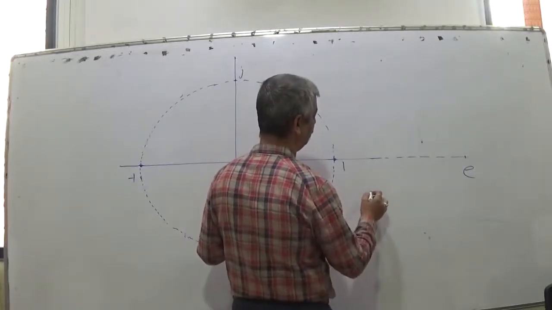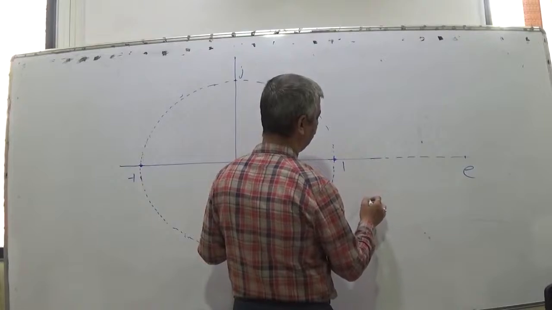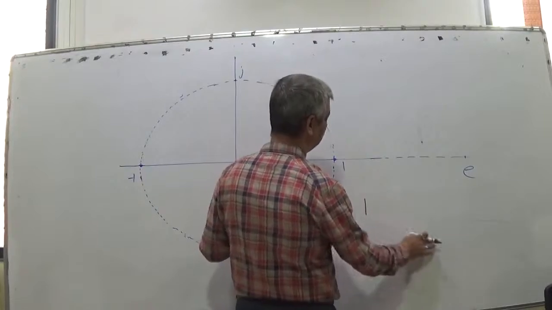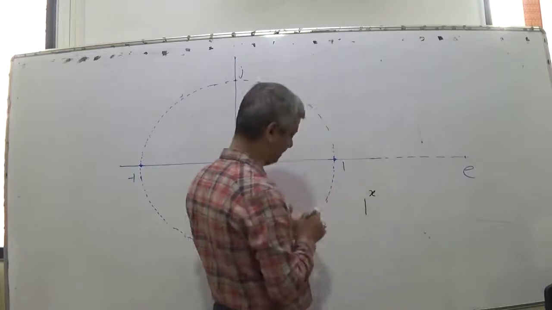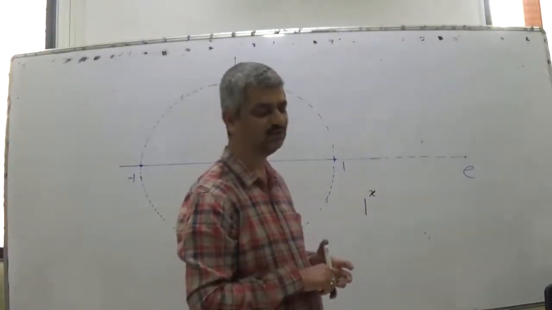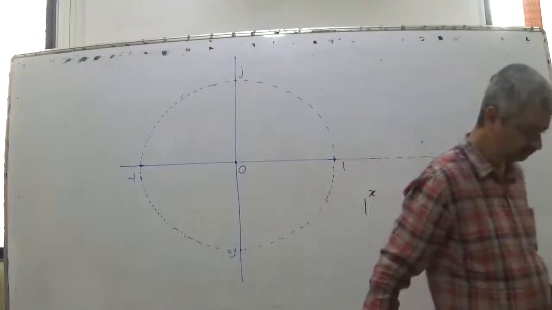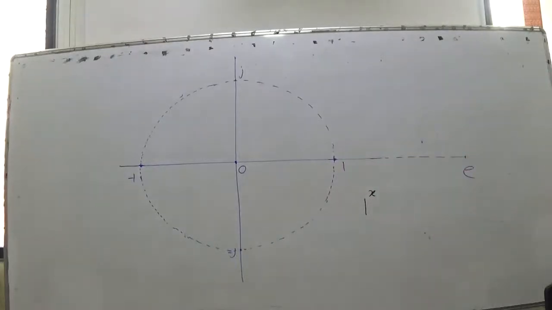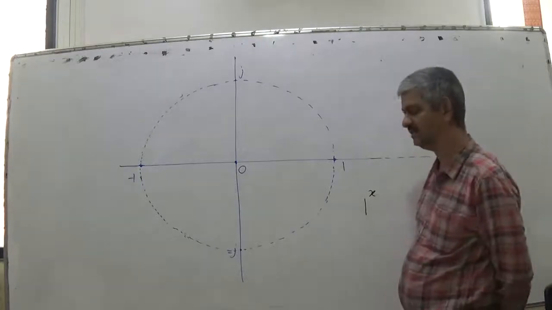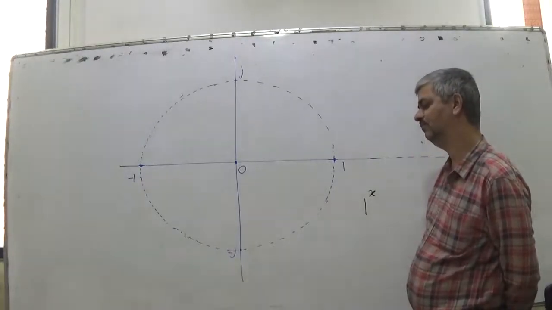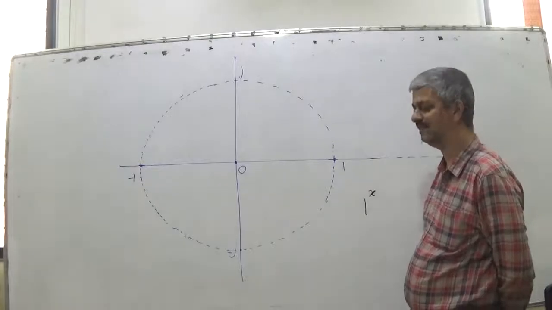So if I raise 1 by a number x, what will happen? What is 1 raised to x? It's a very interesting theme. As long as x is finite, 1 raised to x is 1.